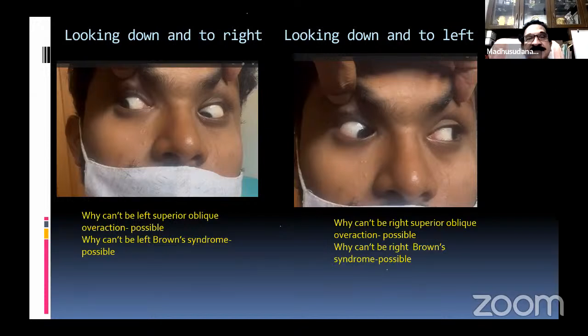The other condition which can produce this configuration is Brown syndrome. What is Brown syndrome? Brown syndrome is a condition with tenosynovitis of the superior oblique tendon.